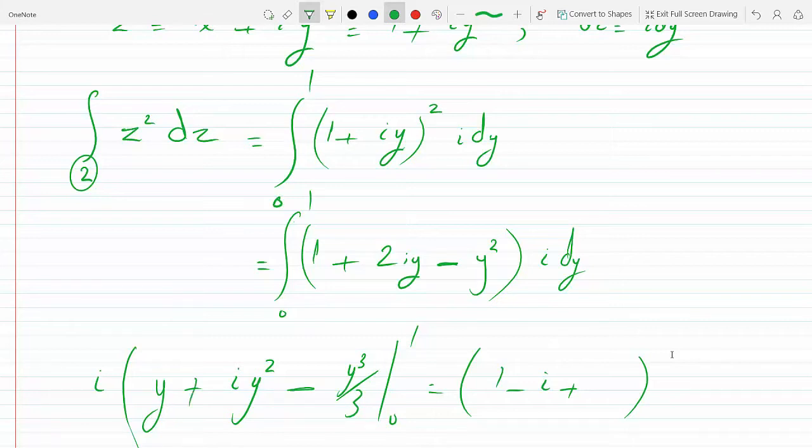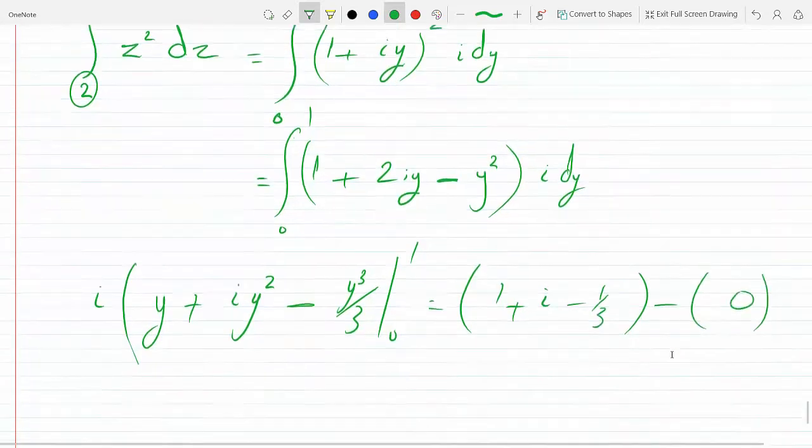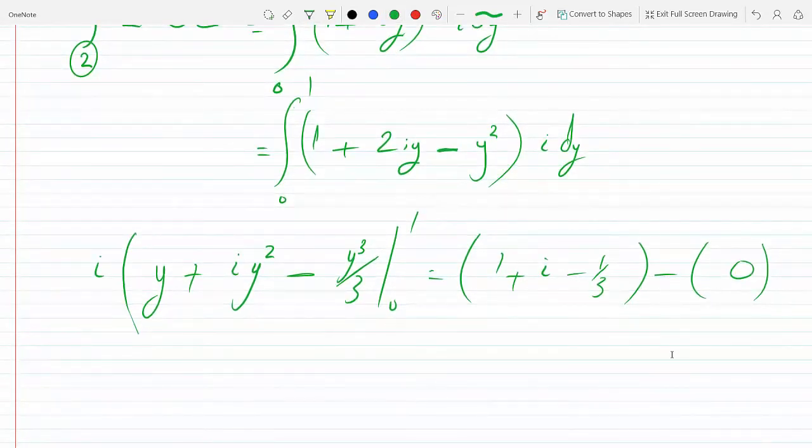So this becomes 1 plus i minus 1/3. And then minus, the 0 will just make them 0 because they all have y's in them. And so I'm going to get 1 minus 1/3, so the final answer here will be 2/3 plus i.